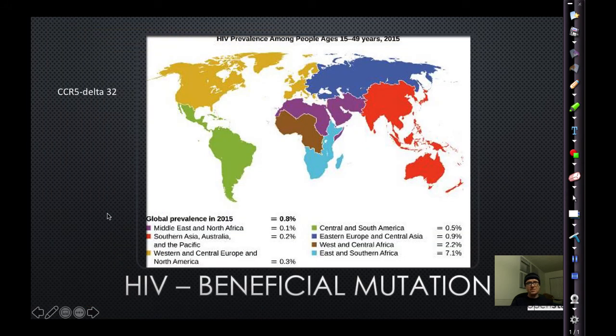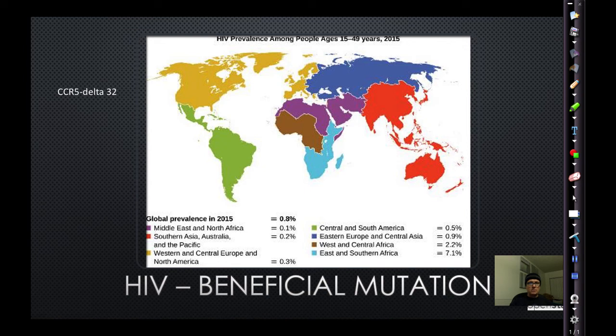Okay, so I want to talk about a mutation that is actually beneficial in the population, because we usually talk about mutations as being detrimental. There is a mutation called CCR5 delta 32, and if you look back at chapter 6 where we talked about HIV, CCR5 is the co-receptor for HIV.